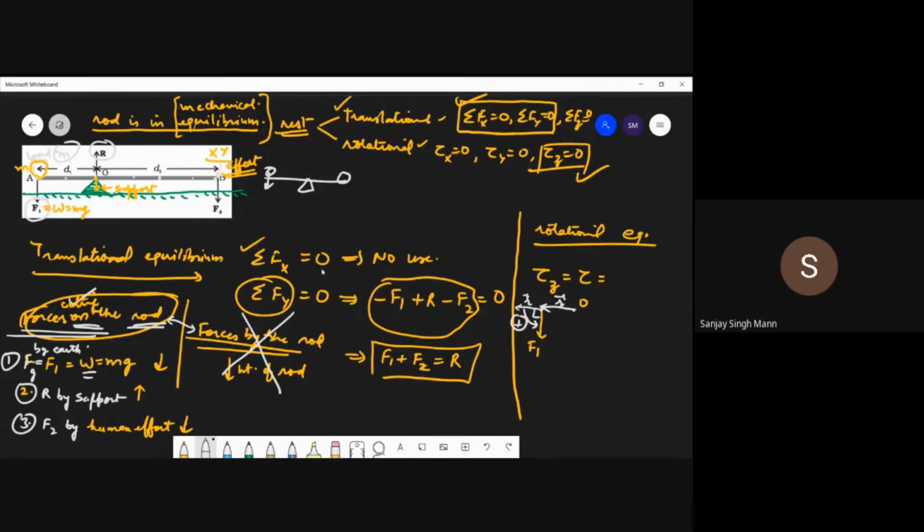So the torque here is simply plus, where this r is D1. I have taken this distance D1. So it is plus D1 F1. As simple as that. Okay.